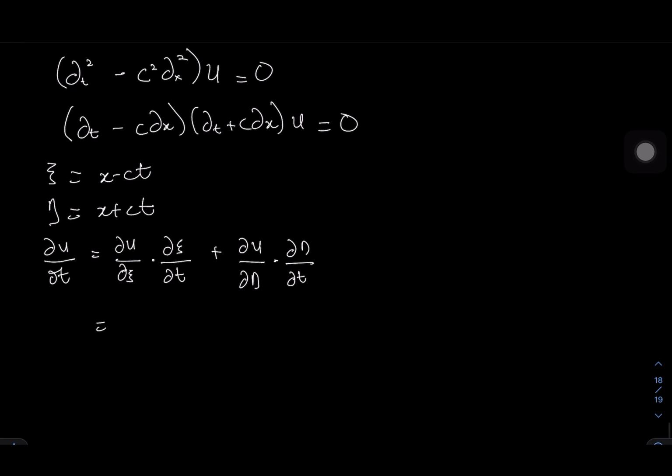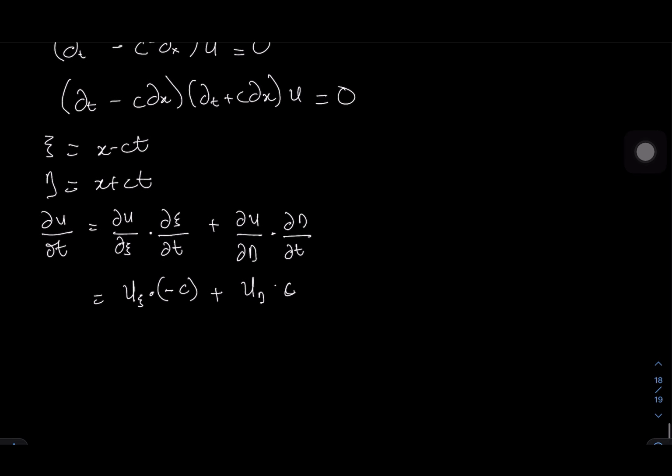So there's going to be u_xi multiplying del xi del t, which is negative c, plus u_eta times del eta del t, which is c. Let me put that in normal terms.